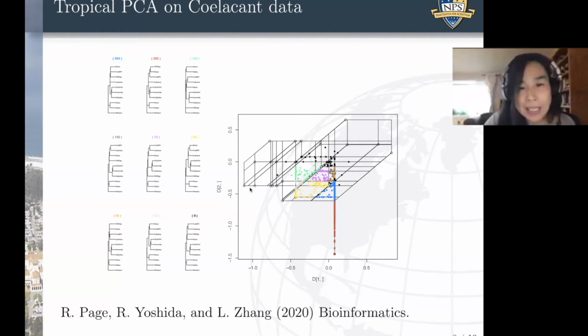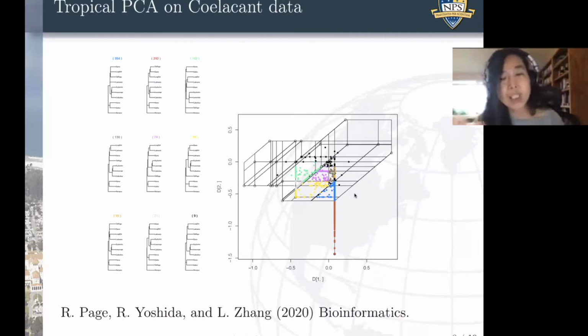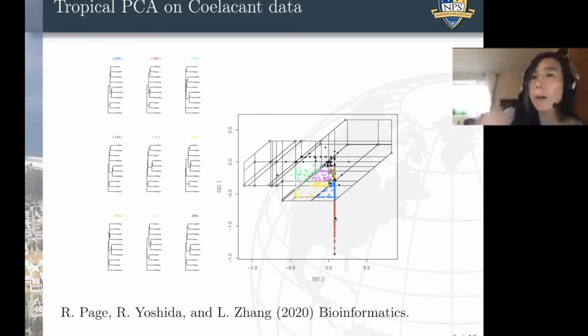This means that the triangle is guaranteed to be inside the tree space. So basically, this is the tropical polytope, or tropical triangle.